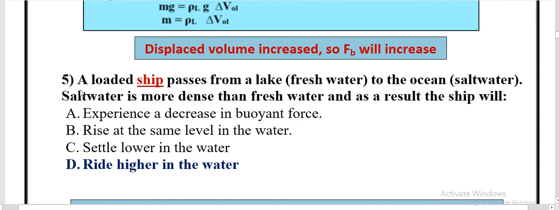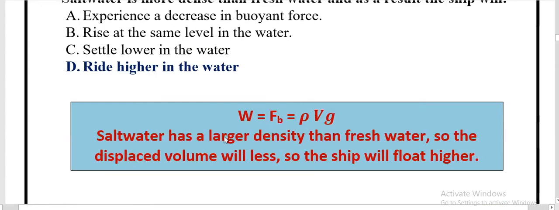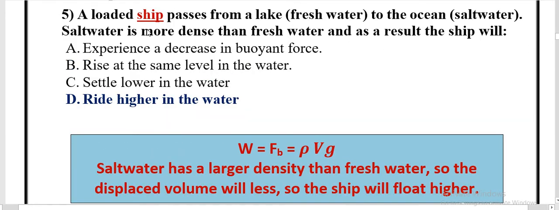Question number 5. A loaded ship passes from a lake or fresh water to an ocean or salt water. The salt water is more dense than fresh water. The ship will float on the water surface, so the weight will equal the buoyant force, which equals rho Vg. Salt water has a larger density.